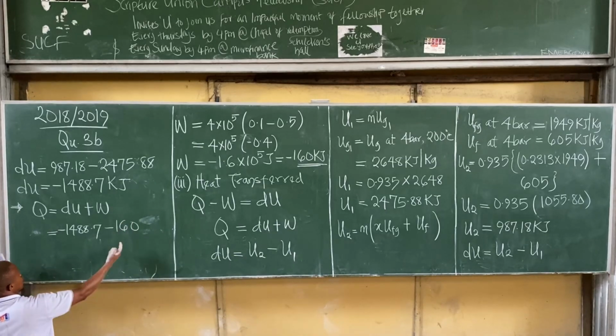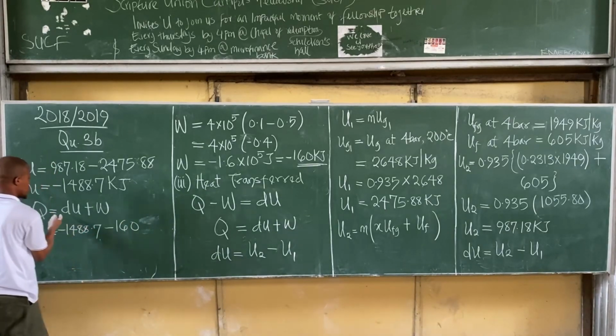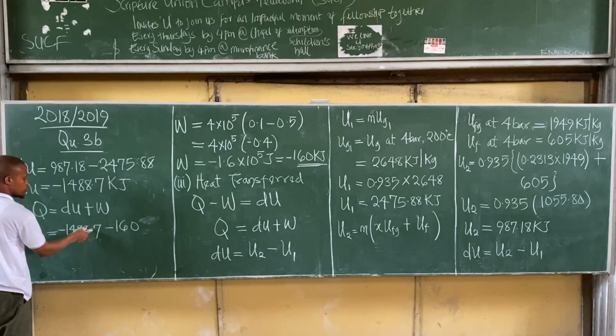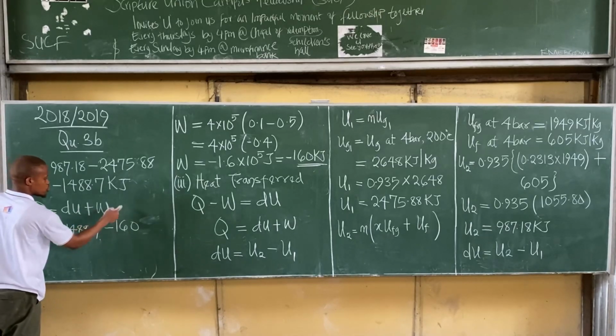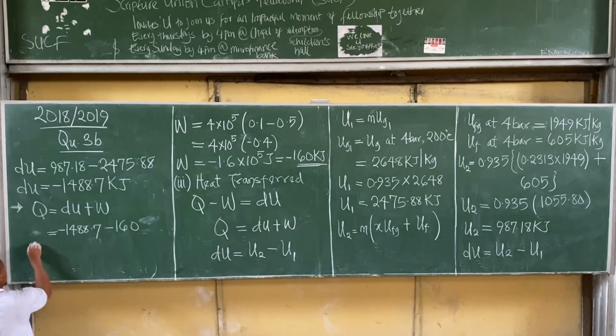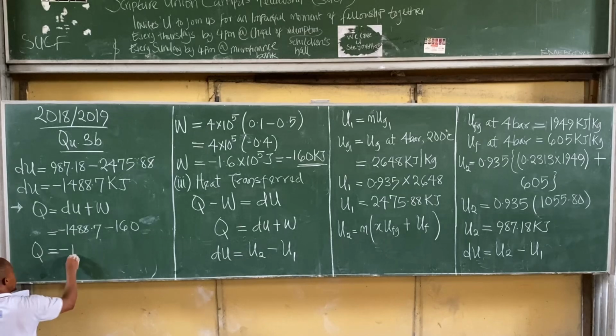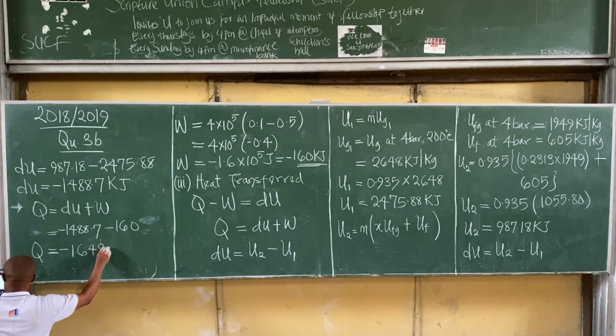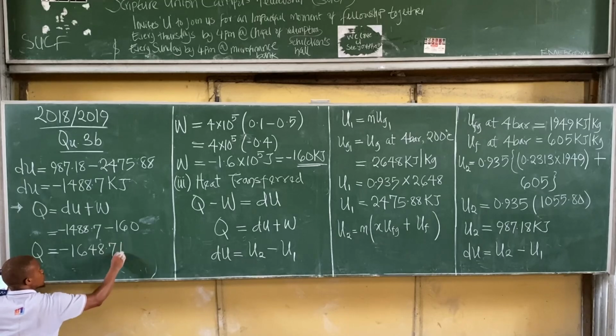So we add them. We have minus 1488.7 plus minus 160. Plus times minus gives us minus. Therefore, our heat transfer Q equals minus 1648.7 kilojoules.